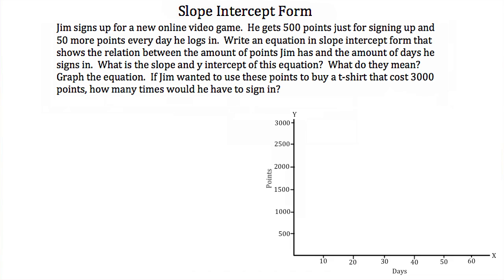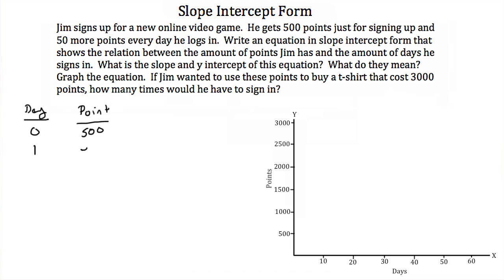Let's think about what's going on first. Before Jim ever signs in, he signs up. So on day 0, Jim has 500 points. If he signs in the next day, so day 1, he gets 50 more points.